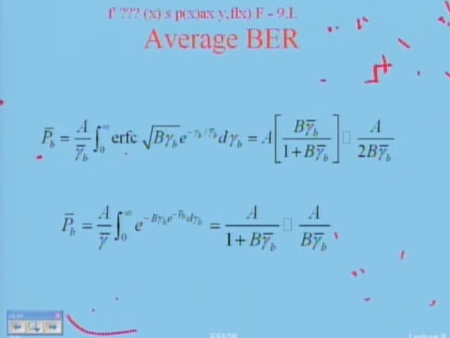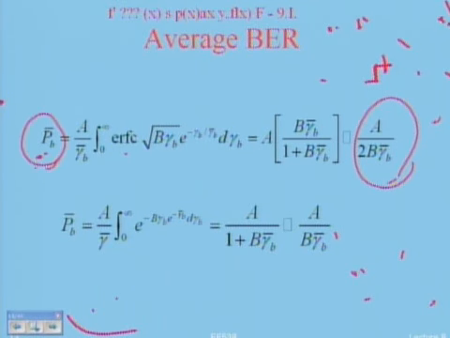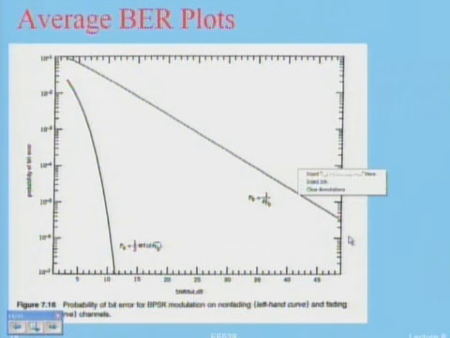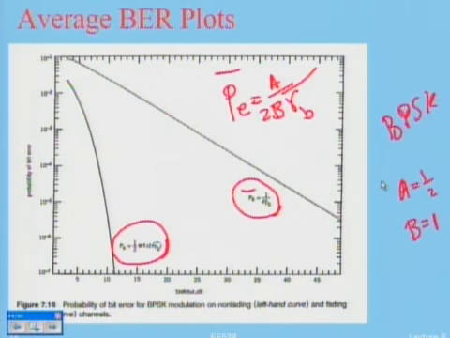So that's coming from here. Okay? If my probability of error is given by the ERF complement function, I can approximate the average error rate by this equation. This is what I had last time. I came in here. Now I have my example. My example is binary PSK.